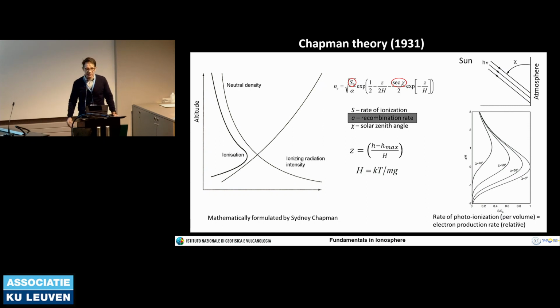And I deleted that part, which is called recombination rate, because we are going to talk about recombination in a while. But at the beginning, you can think that you have something that depends on the neutral density, it depends on the irradiance, and somehow also on the solar zenith angle. This is the most simple ionospheric layer you may think of.